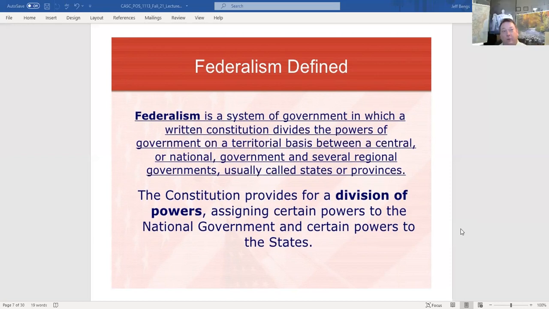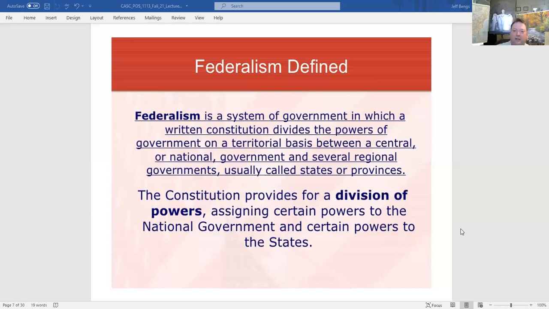England would have been considered not a democracy, but maybe a constitutional monarchy, because they had a constitution, but they also had a king, and then they had parliament. But remember, our government is set up so that the Constitution is the law of the land. And so we would have a government that's based on the rule of law, not the rule of an individual or the rule of a body.